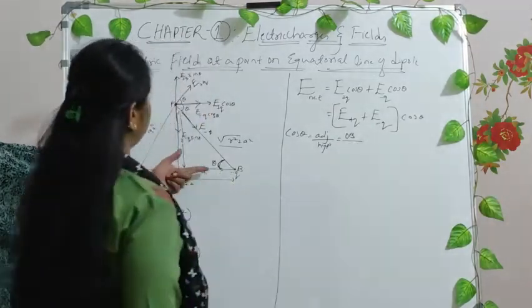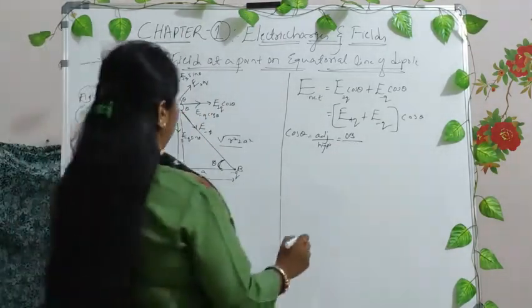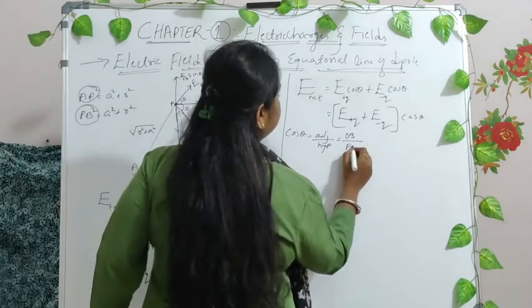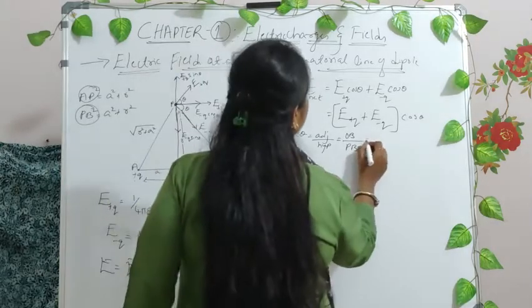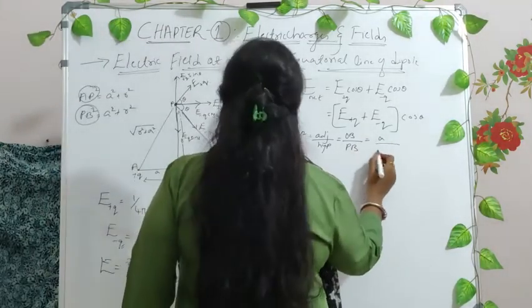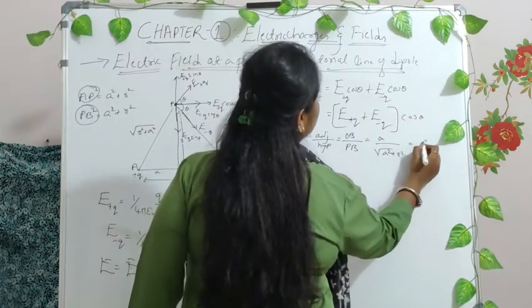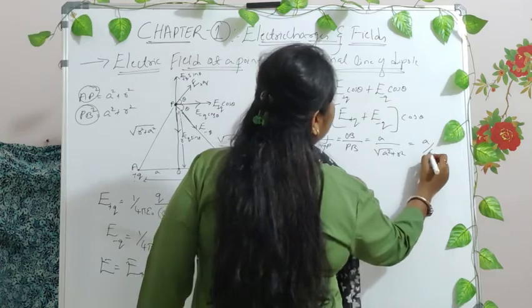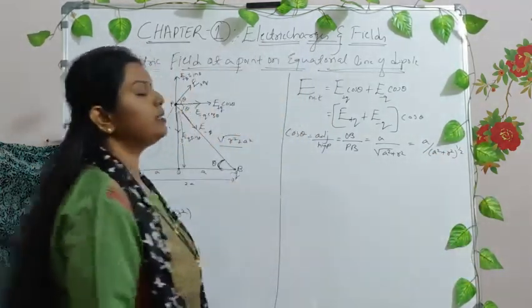What is the hypotenuse? It is PB, or it can be AB. What is the value of OB here? It is A. What is the value of PB here? It is the root of A square plus R square, which can also be written as (A square plus R square) raised to 1 by 2. Is this clear?